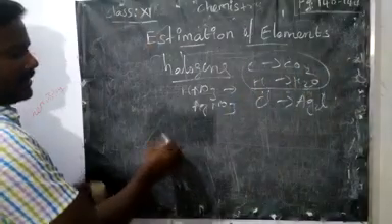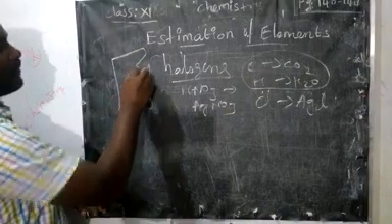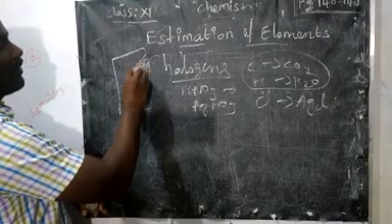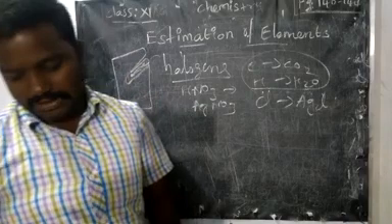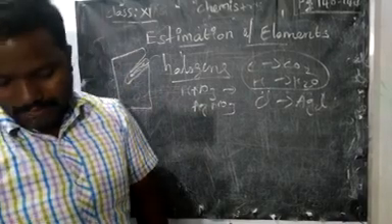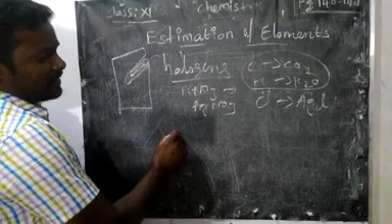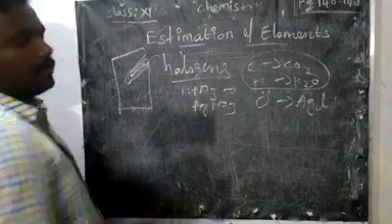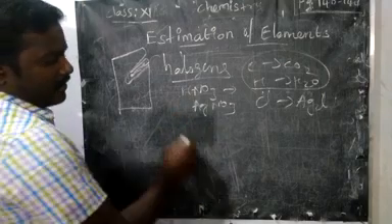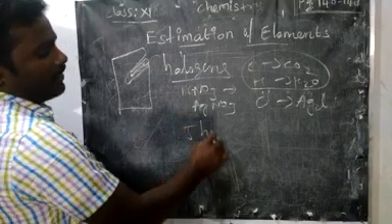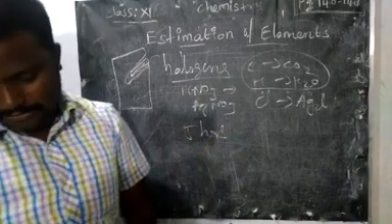What is the apparatus? The same apparatus. Then what's the procedure? The same procedure. First we take the organic substance with nitric acid and silver nitrate, and we heat. Here also, how many hours do we heat? 5 hours, right?